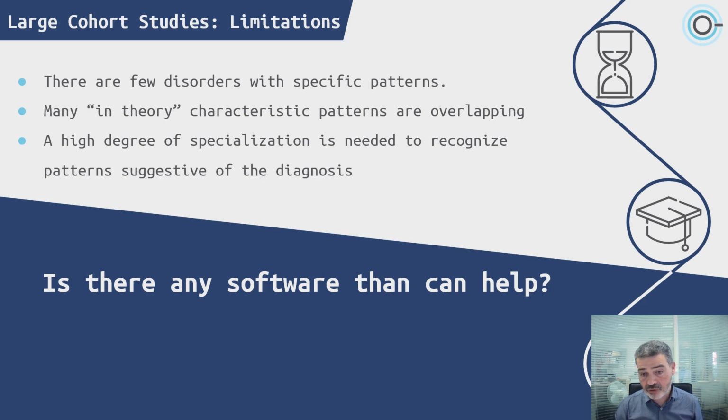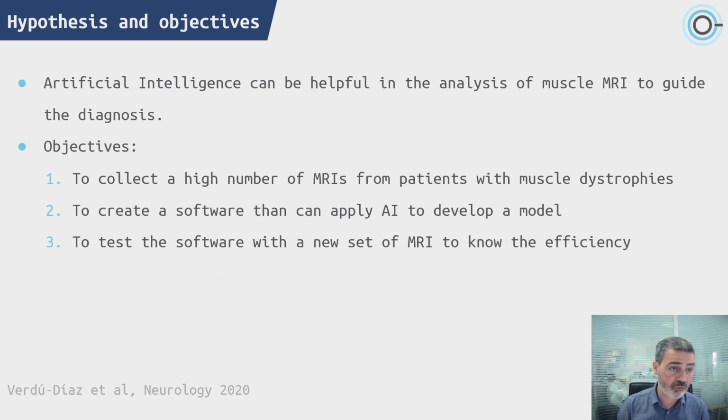So, in front of this situation, we asked ourselves some years ago, is there any software that can help? And the answer was no. And we decided to develop a software that was going to use artificial intelligence in the analysis of the MRI data in order to guide the diagnosis. At that moment, that project had three different objectives.